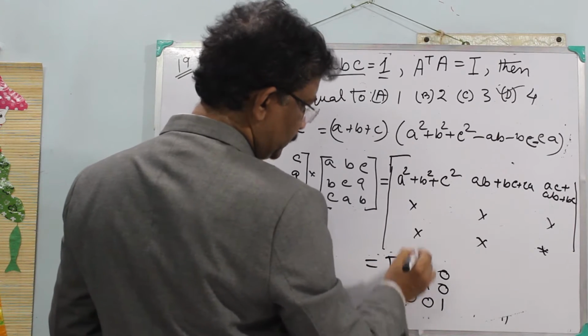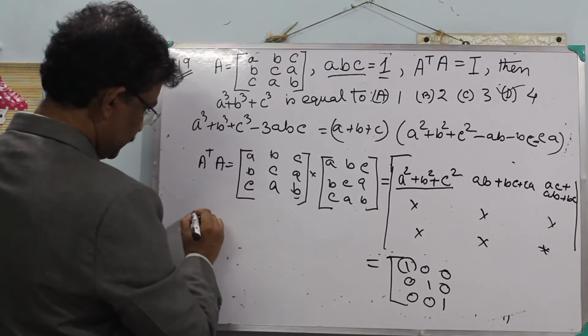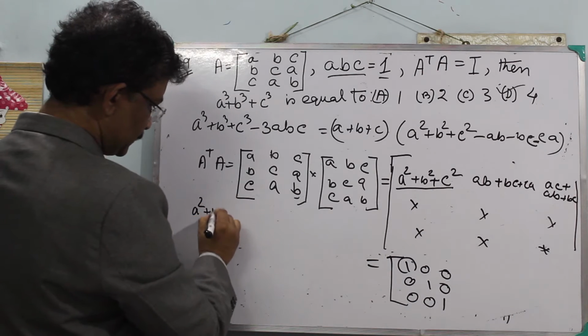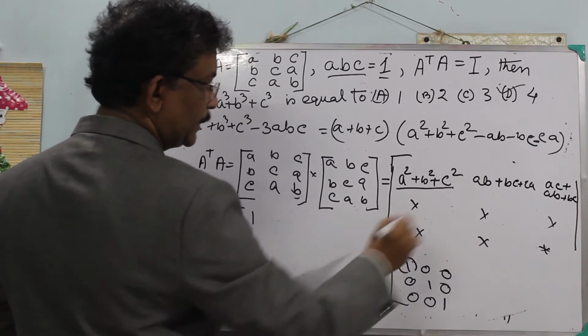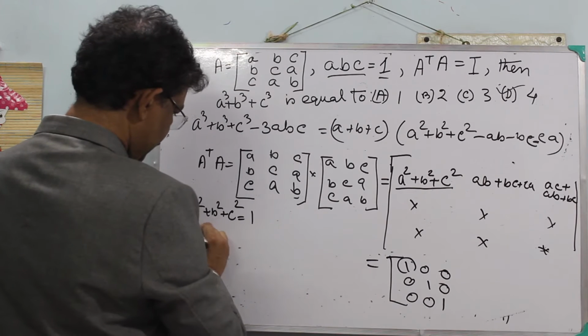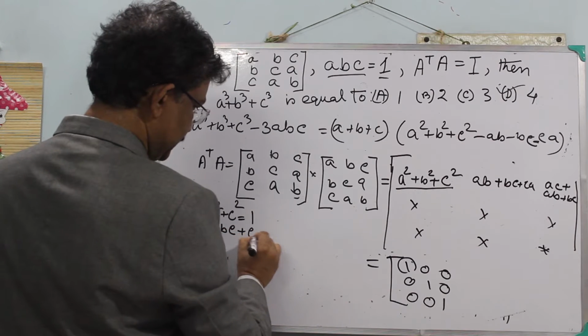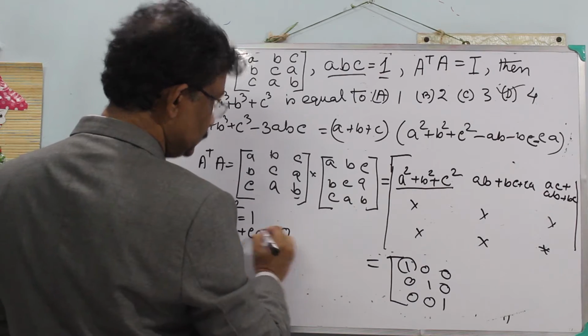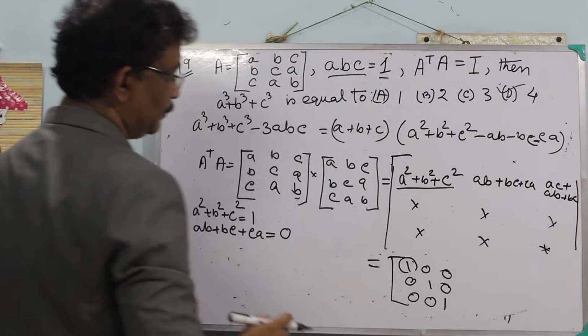So I can say 1 equals a square plus b square plus c square, and ab plus bc plus ca equals 0, and you know abc is equal to 1.